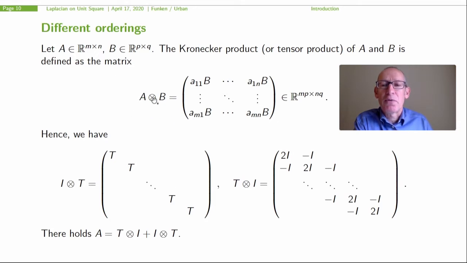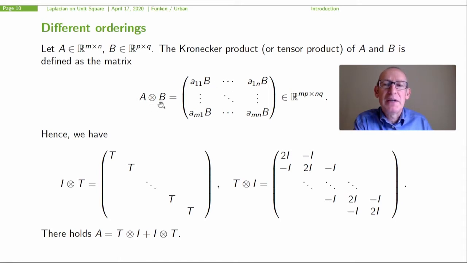So what's the Kronecker product? We have a matrix B and a matrix A. This product is defined by just taking the entry of your matrix A multiplied by the whole matrix B, and then taking the next entry, A12, the second entry of A, multiplied by B, and so on.